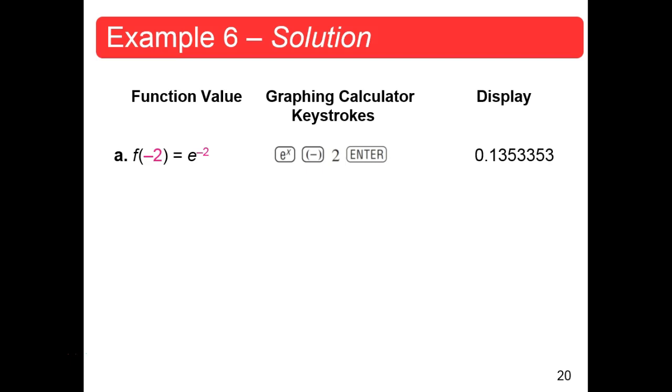You do the 2, change sign, which on her calculator was a plus or minus sign, and that gave her -2, then she hit the e to the x button. Ryan had the e key and then the negation key, 2, and that gave him that. So you have to know your device and what syntax to use. Make sure you have that figured out.